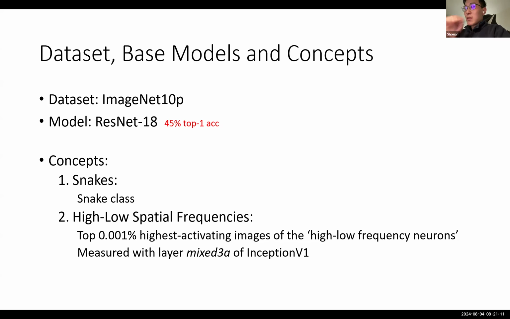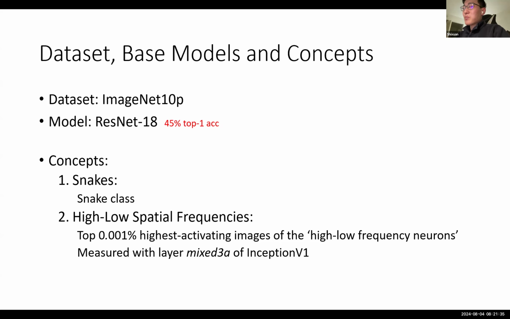Another concept the authors select is a more abstract concept called high-low spatial frequencies. It's a property of an image, and I don't think it can really be understood by human eyes.